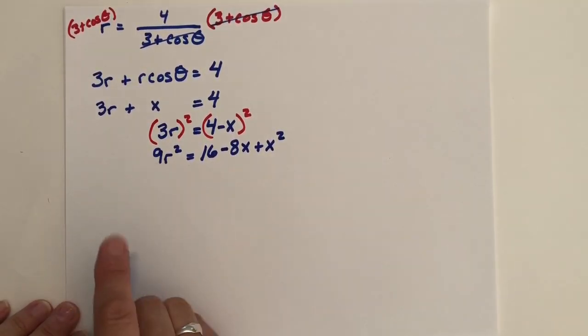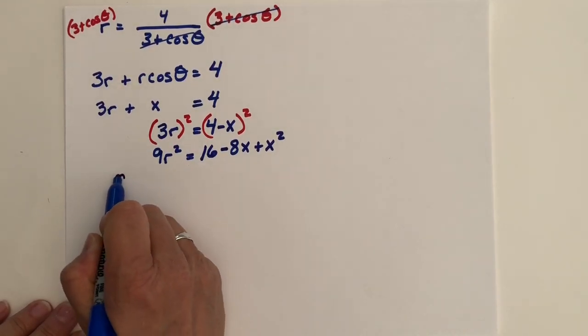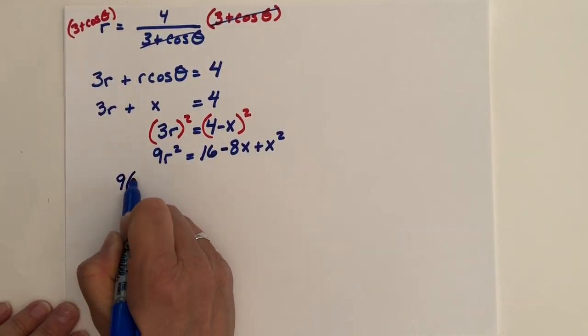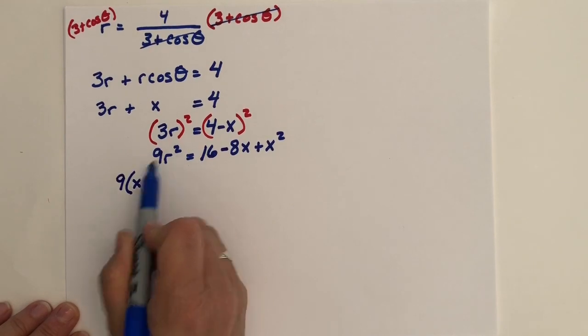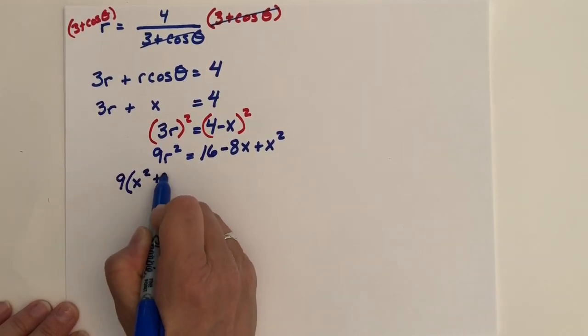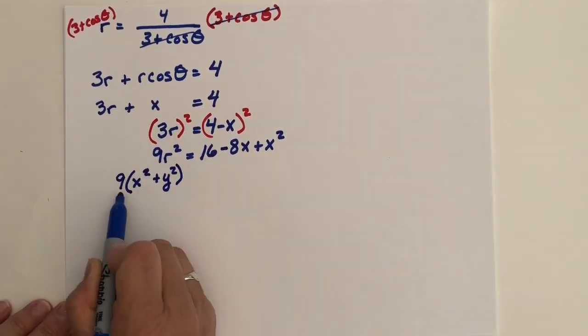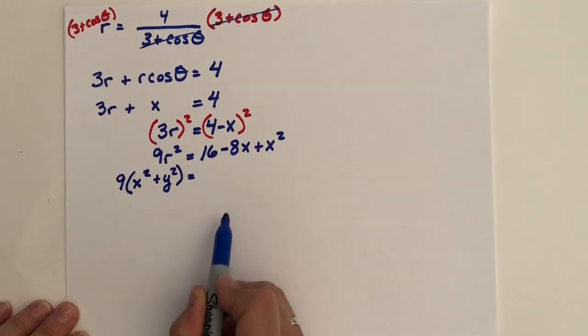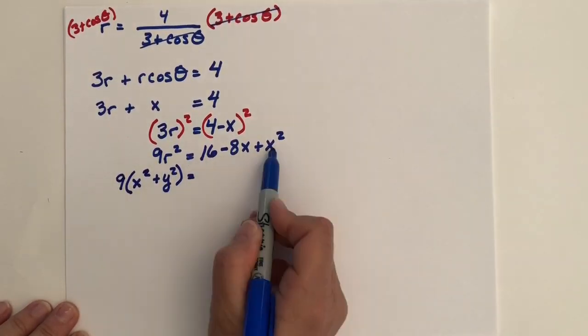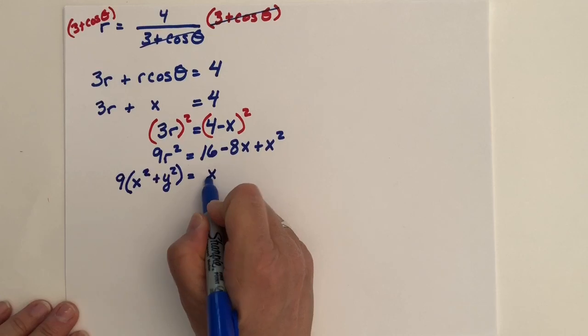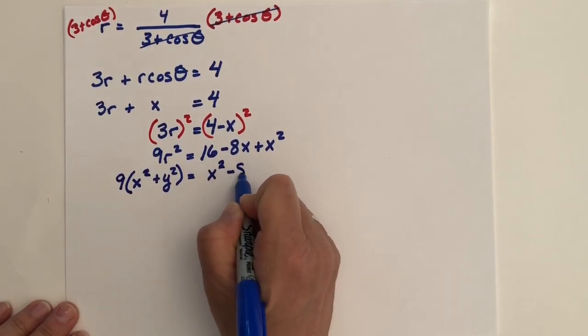We know r squared is x squared plus y squared, so we'll do that carefully. Make sure you don't lose those parentheses because 9 is being multiplied by x squared plus y squared. We're going to have to make sure we distribute in a moment. I just have a personal preference for having that x squared first, so I'm just going to rearrange the order. I just prefer it that way.